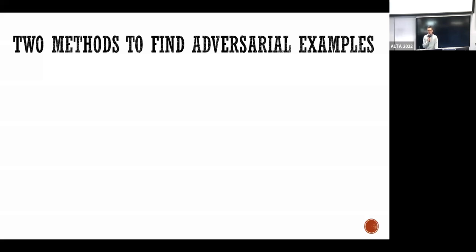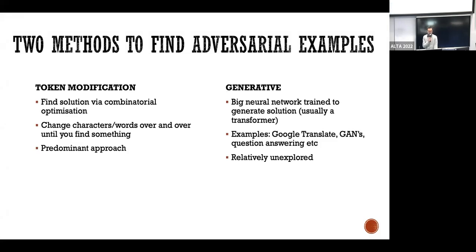So now that we know what an adversarial example is, let's look at some of the methods which we can use to find it. There are two predominant schools in the literature. The first one is called a token modification attack, and it views the problem of finding adversarial examples as one of combinatorial optimization.